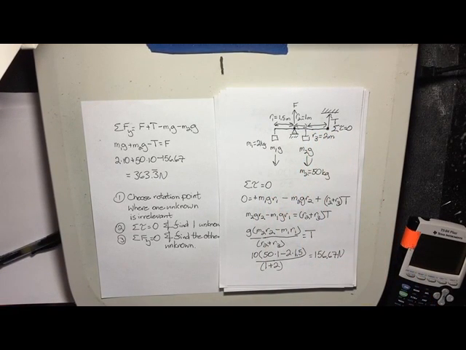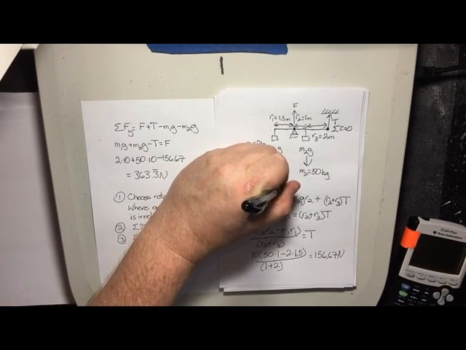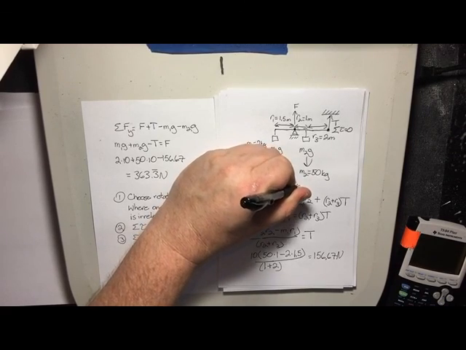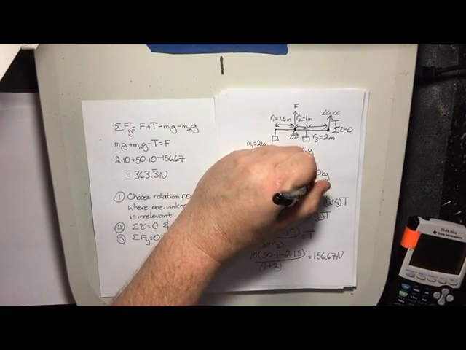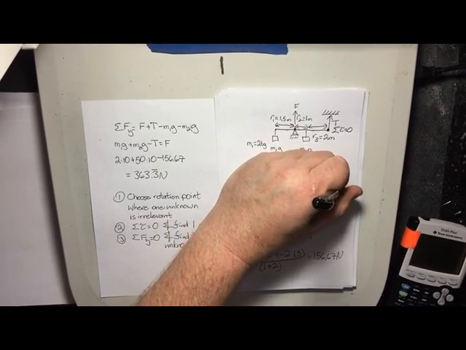So if that is the rotation point and the force is tension, the distance is R2 plus R3. All you have to do is pay attention to the distance from the force to the rotation point. The rotation point is the fulcrum. Yes, I stated earlier that the rotation point is the fulcrum.